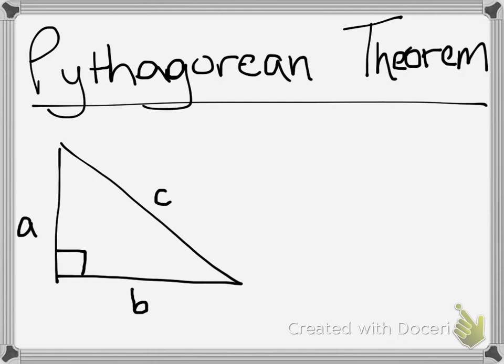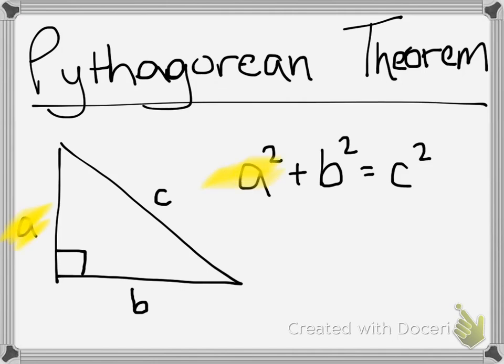So now what Pythagorean theorem tells us is that A squared plus B squared is equal to C squared, where we can see that A comes from this leg of the triangle. The B comes from the other leg of the triangle at the bottom. And C is the length of the hypotenuse of the triangle.